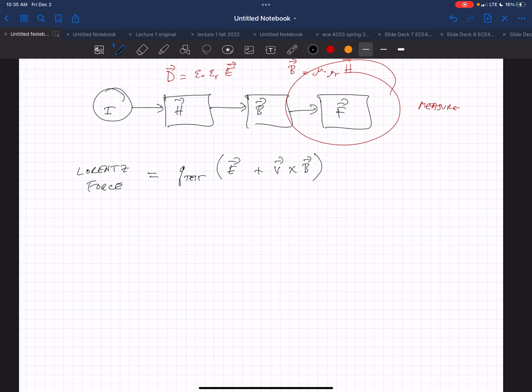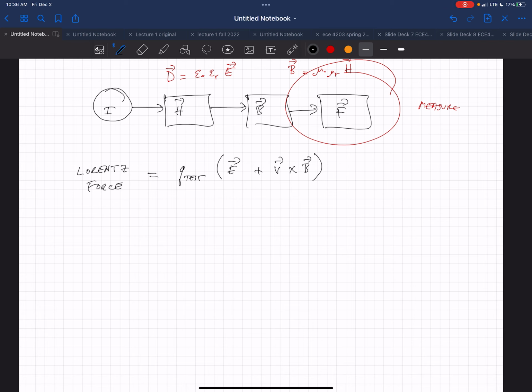But if the velocity of that test charge is 0, so it's not moving, then there's no magnetic force on it. It's only when it's moving, in this cross product with respect to the magnetic field, that you'll get a force on it.